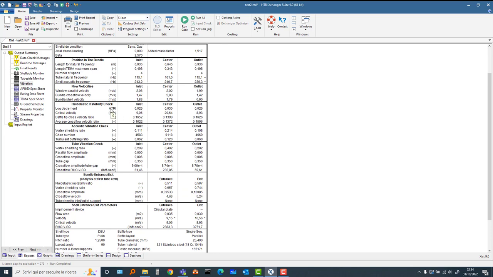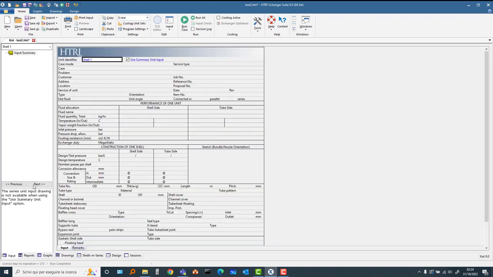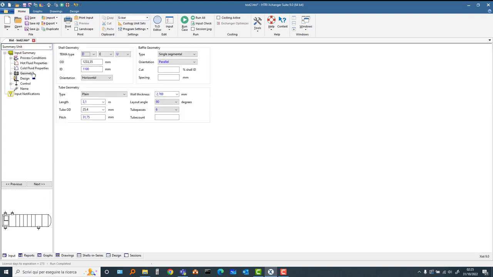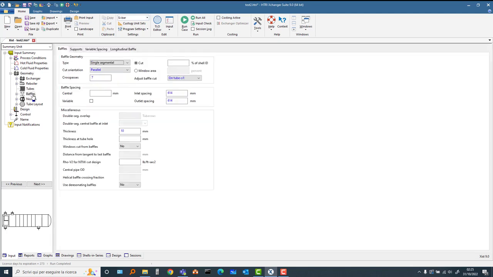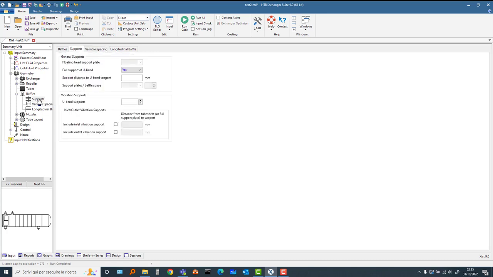So the simple way is just to come back on the input, not in the input summary, but the summary unit. Summary unit, geometry, we go to the baffles, central tube, thickness of tube layout, no, there is something more, supports, variable spacing, supports.